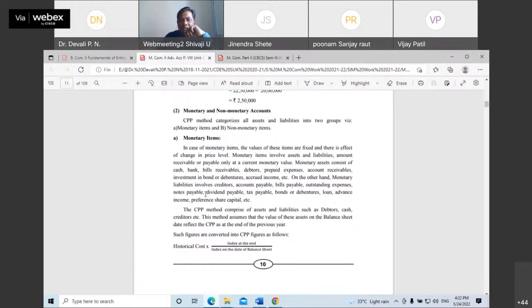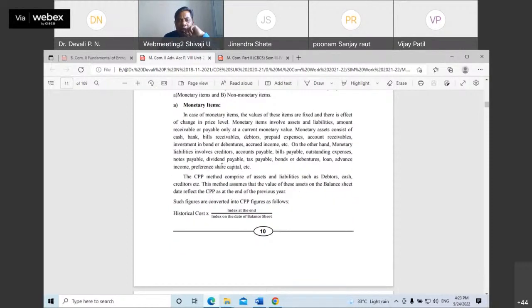So monetary items are classified into assets and liabilities, and these are some of the assets and liabilities we consider to understand the concept of monetary items.